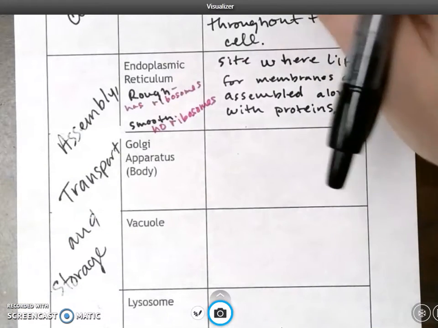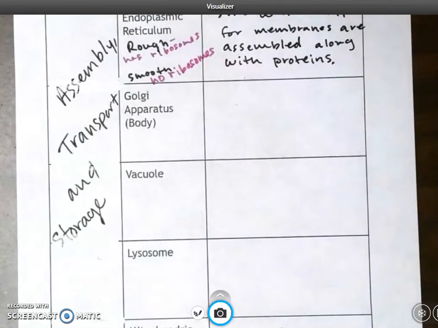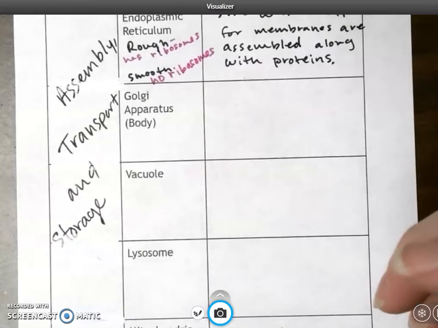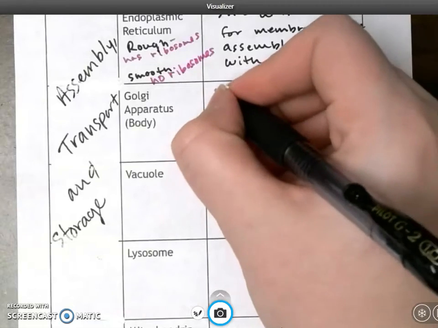Okay, our next organelle is the Golgi apparatus, or the Golgi body. Both are correct. I will use the two terms interchangeably. They mean the exact same thing. So the job of the Golgi apparatus is to sort.